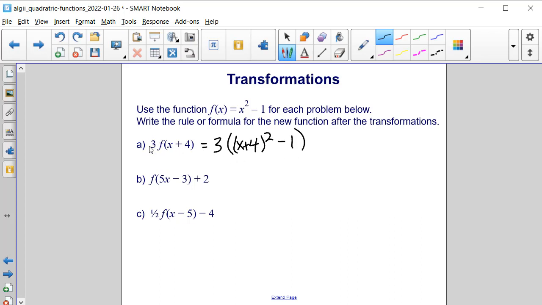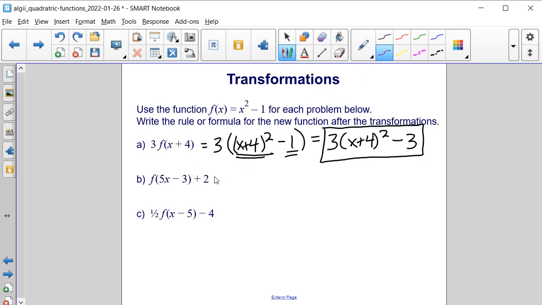And remember, this 3 is being multiplied by the entire function. That's why I have this extra set of parentheses here. And if we were to simplify this, we would first distribute the 3 to both this term and this term. So it can be rewritten as 3 times x plus 4 quantity squared minus 3. And this is one way that you can write 3 times f of x plus 4.